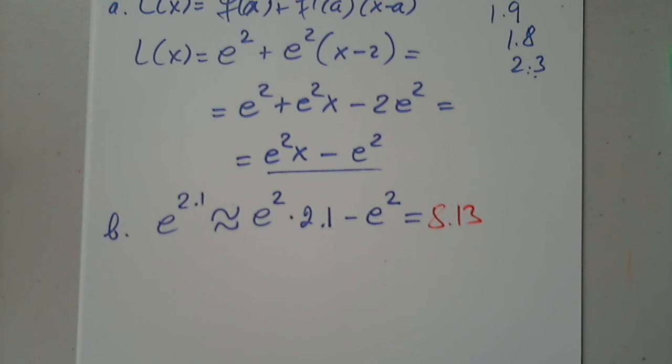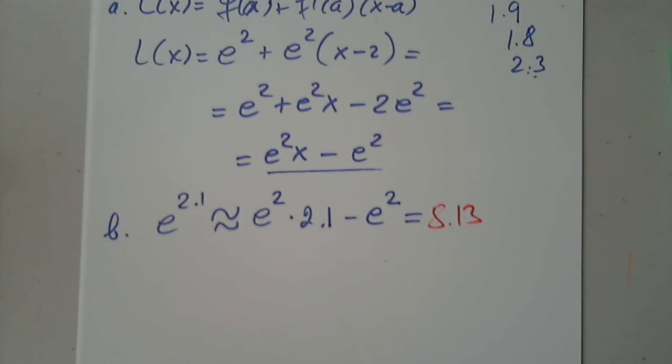Now, find e to 2.1 using a calculator. Okay, fine. So I'm going to do this again just so we can see it. So e squared, and that I factored out. So it's 2.1 minus 1, which is 1.1.